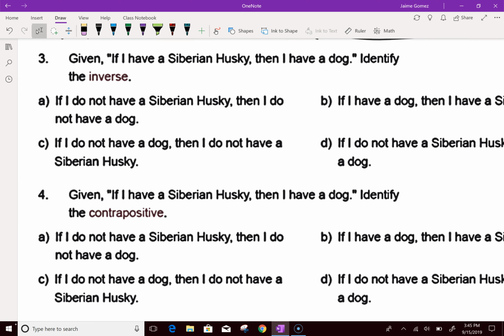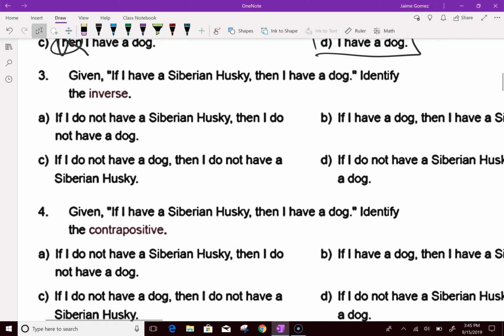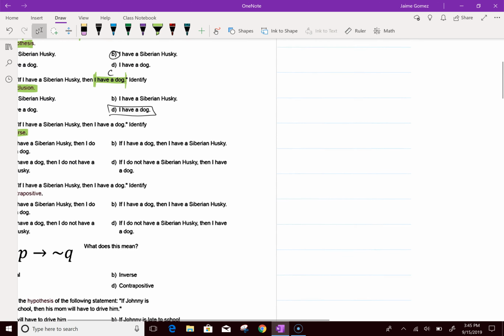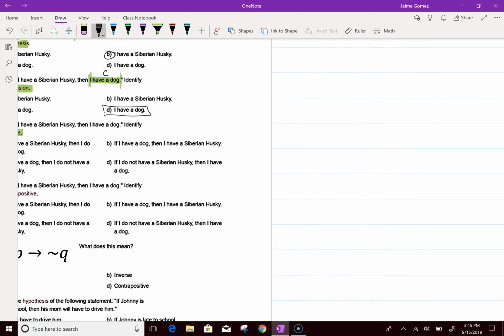Number 3. The same statement here. If I have a Siberian Husky, then I have a dog. We want the inverse. For the inverse, we're going to do not P to not Q. P is also the H, and Q is also the C, right?